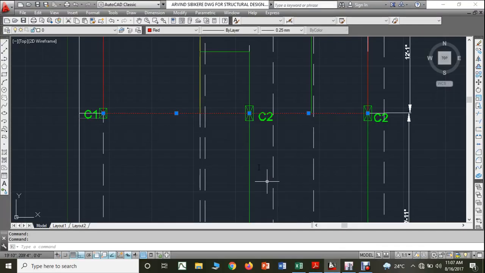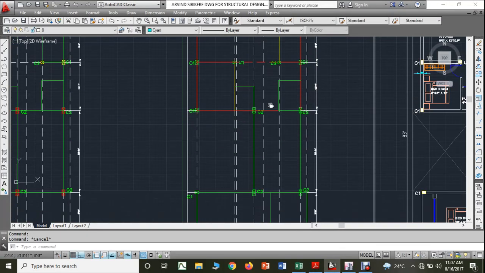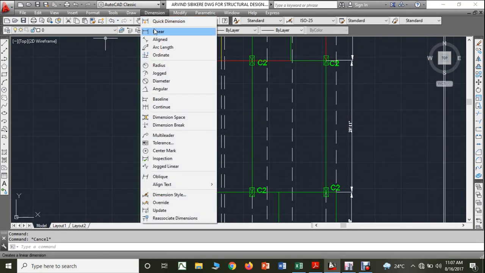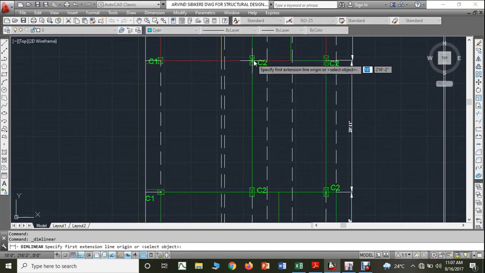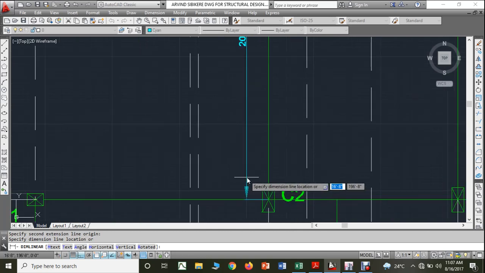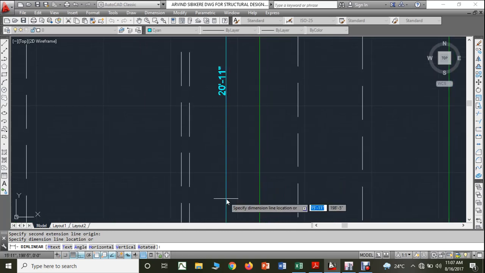Yes, now this comes the major one. This is the longest beam that we have. Let us see the dimension from here to here. It is 20 feet 11 inches. I will make it 21 feet itself.